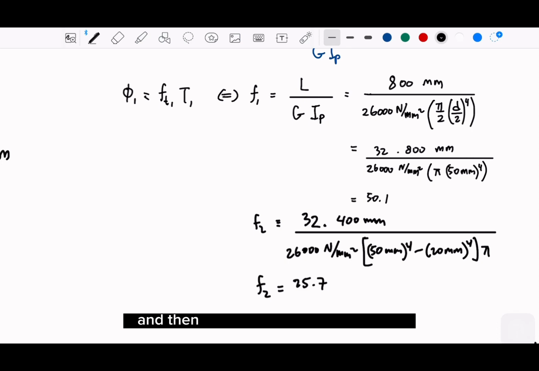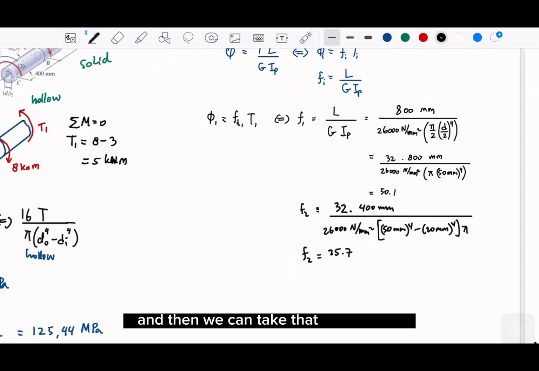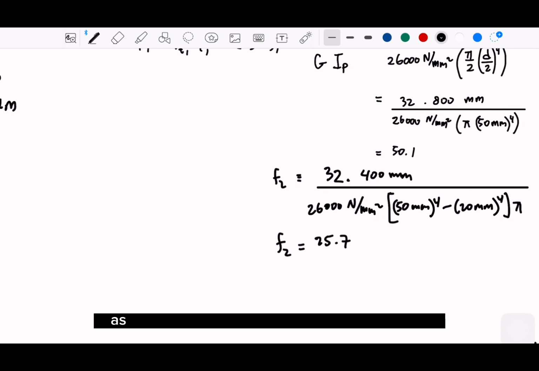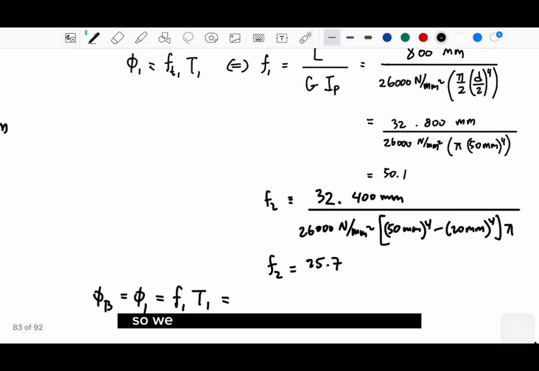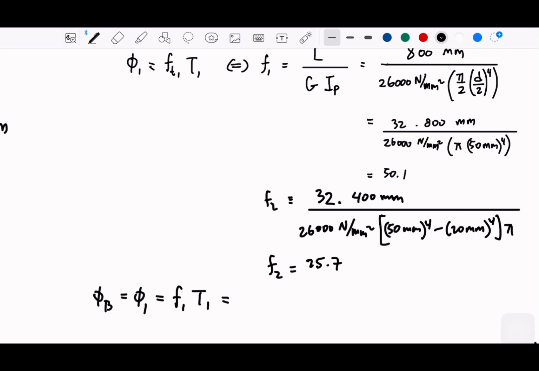Okay, and then we can take that the angle B, as we mentioned before, is equal to angle 1, which is F1 multiplied with the T1. So we can multiply this 50.1 to the T1. T1 is 5 kilonewton meter.